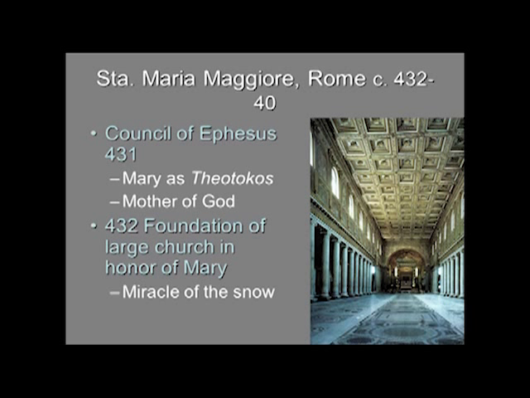The Nestorians said that Mary was not the Mother of God, was not the God-bearer, but only the mother of the human aspect of Jesus, and that Jesus' divinity was confirmed by God the Father. In other words, Nestorius, the theologian who proposed this, said that Christ has two persons, human and divine, rather than two natures in one person.